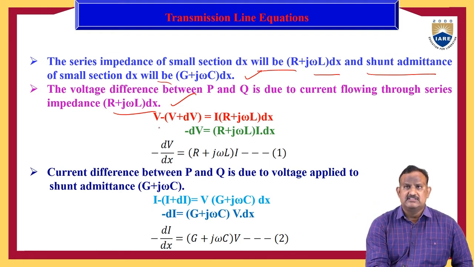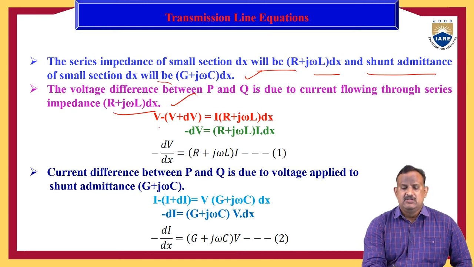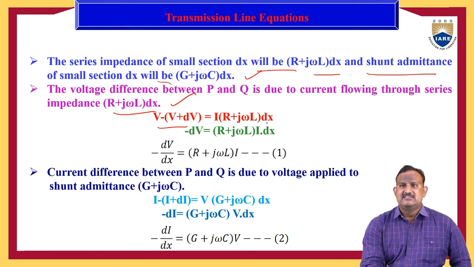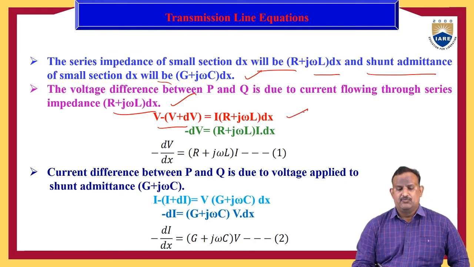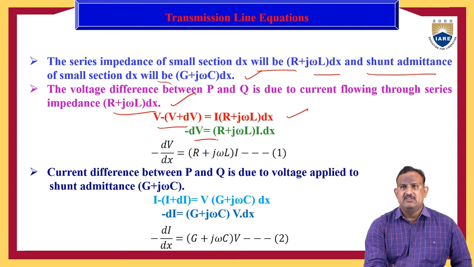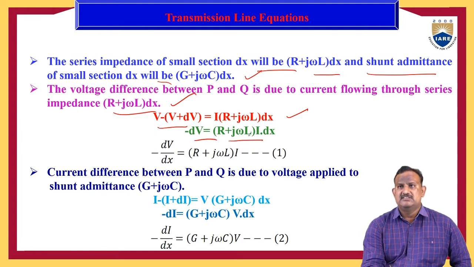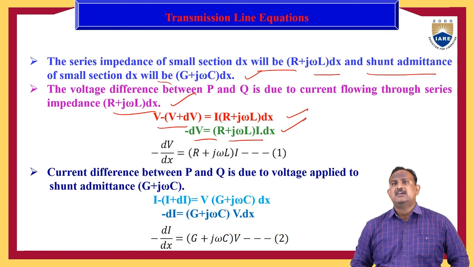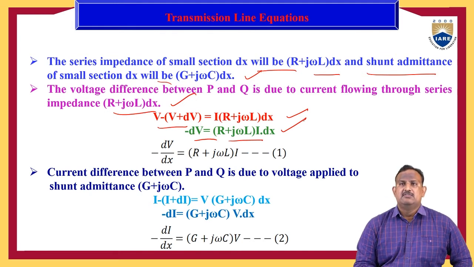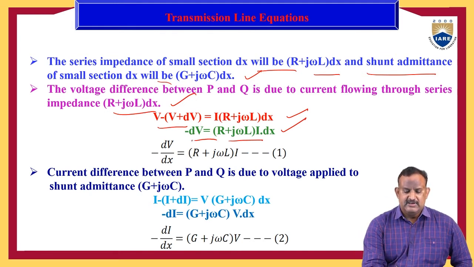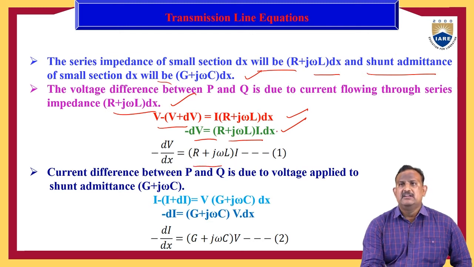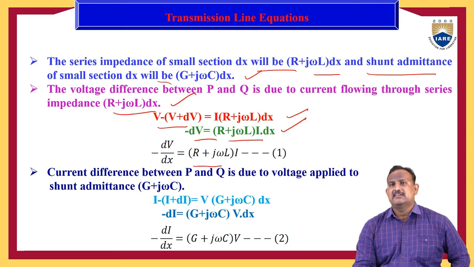Therefore the voltage difference is V minus V plus dV, which is equal to I into the impedance, R plus j omega L into dx. Therefore V cancels, and we have minus dV equal to R plus j omega L into I into dx. Dividing by dx, minus dV by dx equal to R plus j omega L into I.